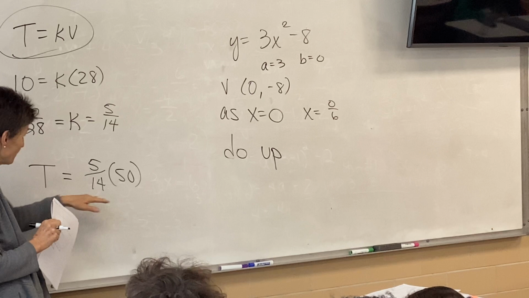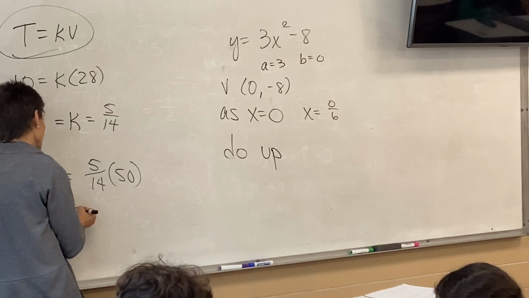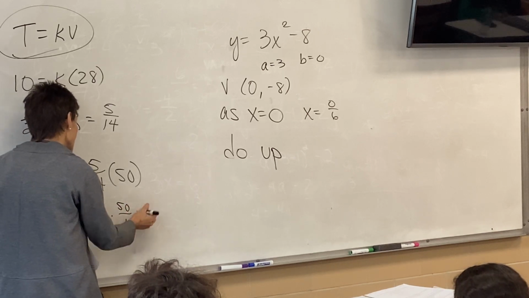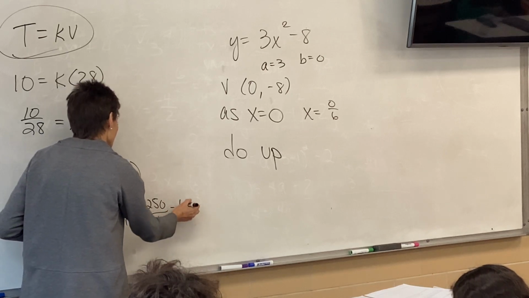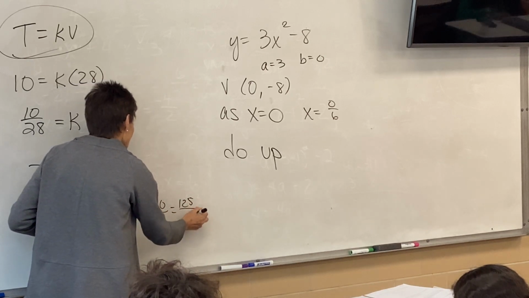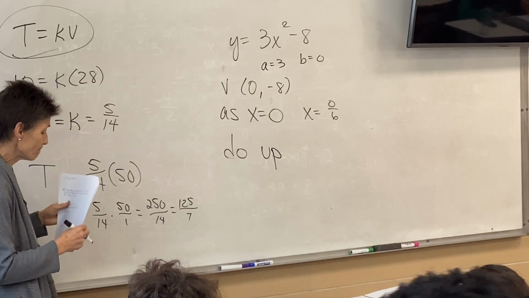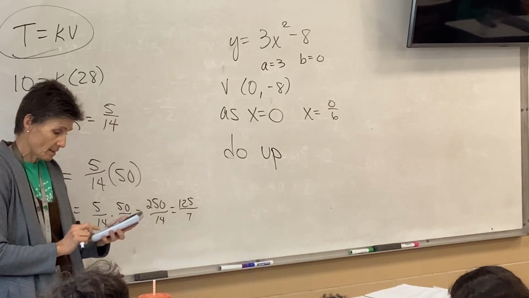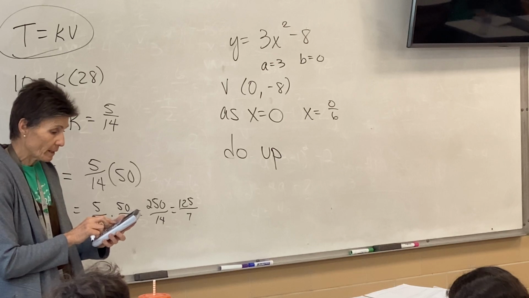You're going to simply multiply these two together, right? You can do that by hand, or with a calculator. So the exact answer would be 125 over 7. But if you did it on the calculator, you'll get something else. 17.86.